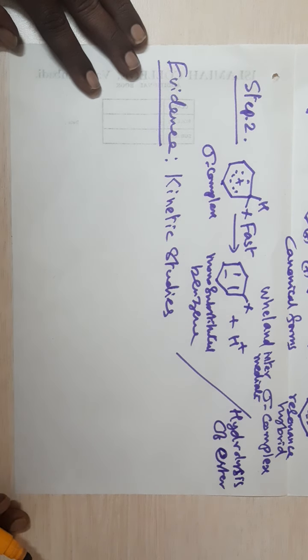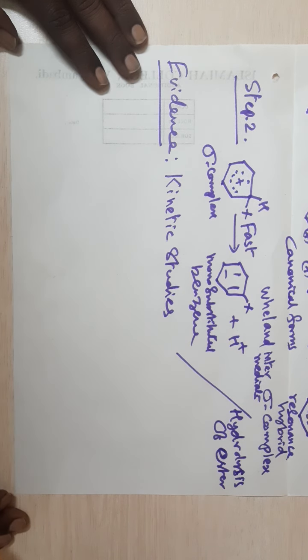So what do you study in kinetic studies? You study about the order of the reaction, molecularity of the reaction. We know what is a first order reaction, second order reaction, pseudo first order reaction. Molecularity of the reaction, we say unimolecular reaction, bimolecular reaction, like that. So all these things are connected with the kinetic studies.